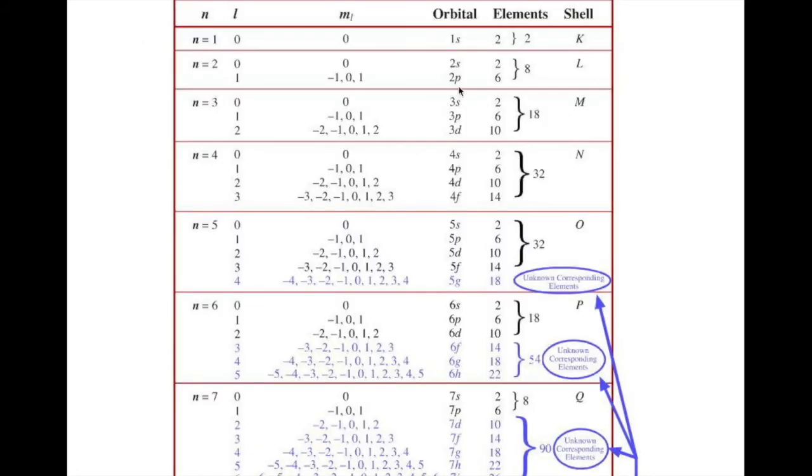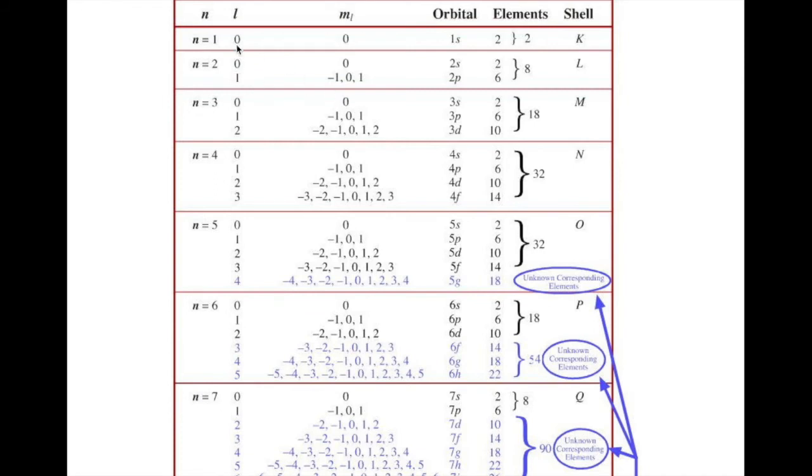You see here. For n equals 1, I can have only l equals 0, because l goes to n minus 1, and ml 0. So I've got only the orbital with l equals 0, which is the s. So I've got the orbital 1s. For n equals 2, the l takes two values, 0 and 1. 0 is the orbital s, and 1 is p.